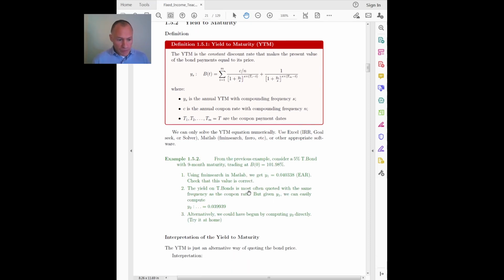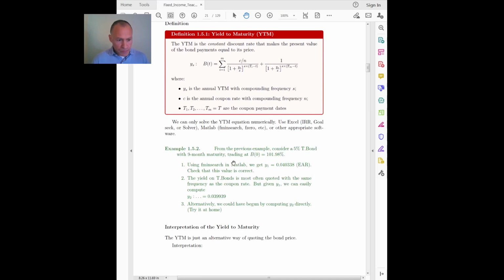Okay, so an example. I encourage you to do this at home. This is actually pretty simple. It's the same bond as before, so you just have two periods. The price is given. So try to solve for the constant discount rate that satisfies this equation, so that it matches the bond price.